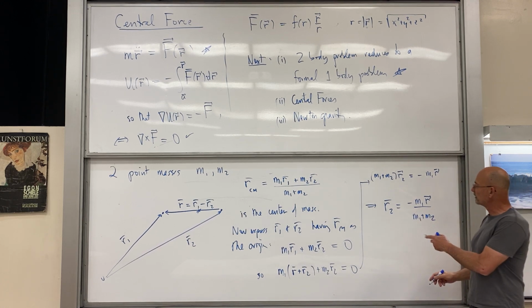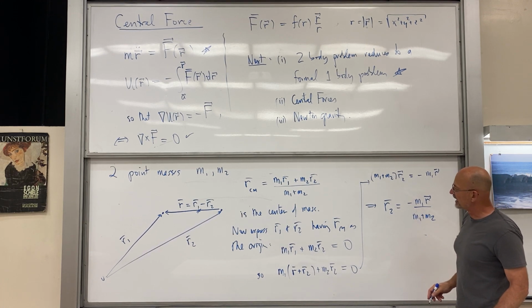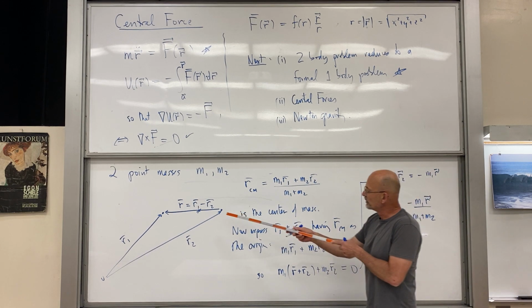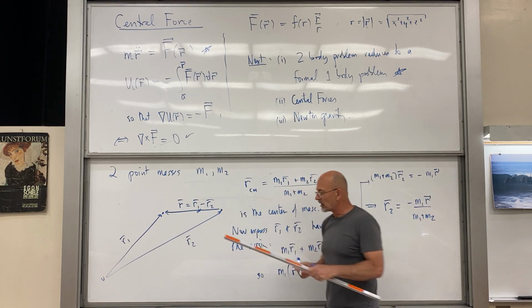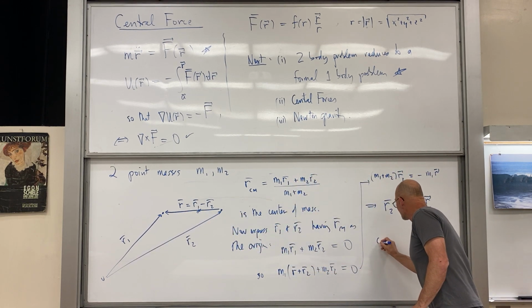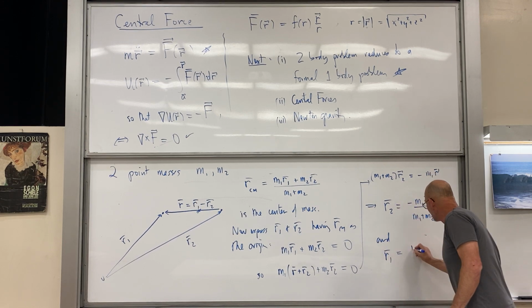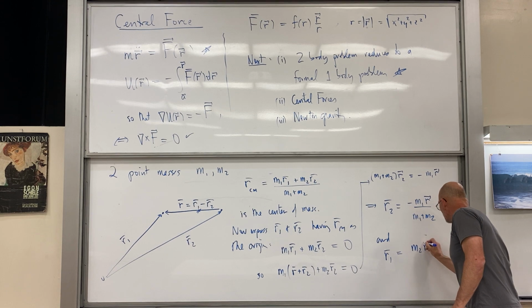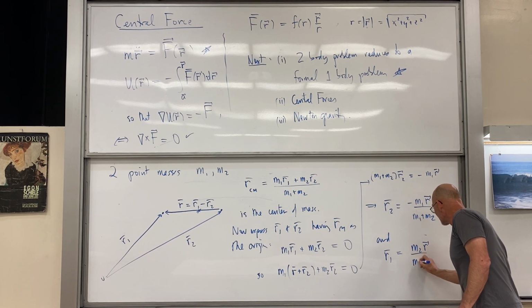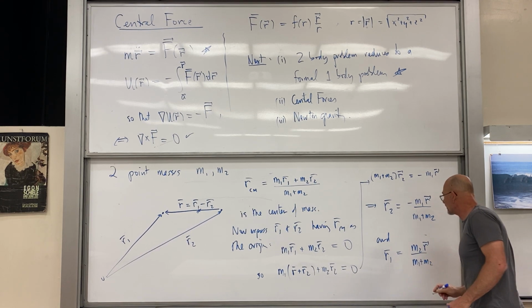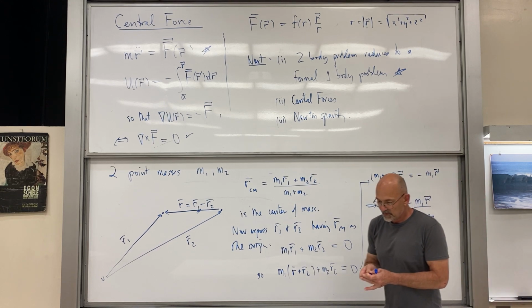And just by reversing the letters and recognizing that R1 will be in the direction of R, we can immediately say R1 is equal to M2 R divided by M1 plus M2. So there we have the result.